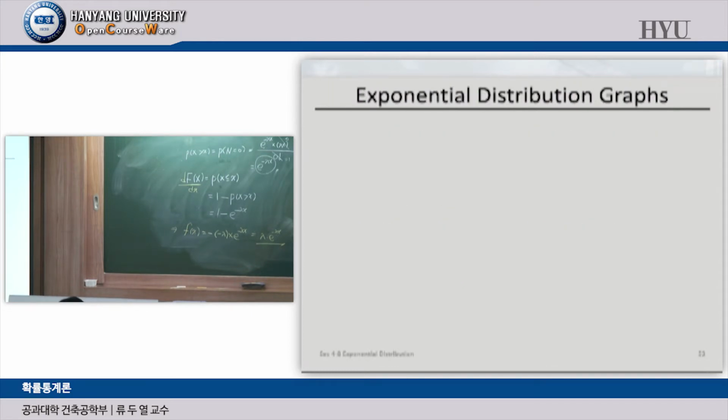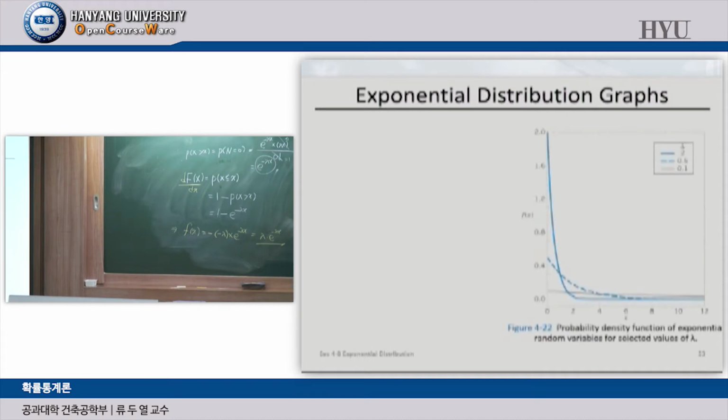So this slide explains the exponential distribution graphs. This is the probability density function of exponential random variables for selected values of lambda. This is the probability density function, and this is the random variable. According to the change of lambda, we can have different curves, okay?